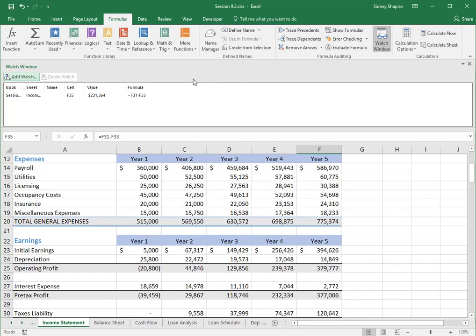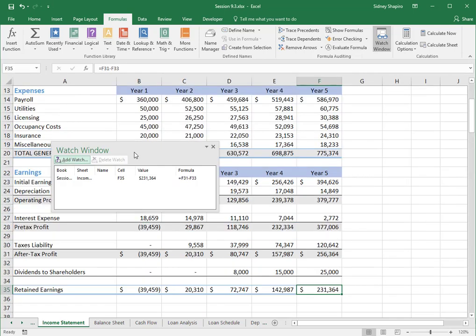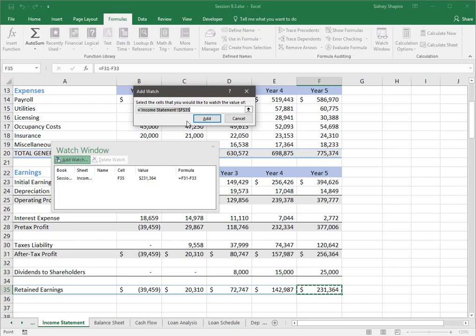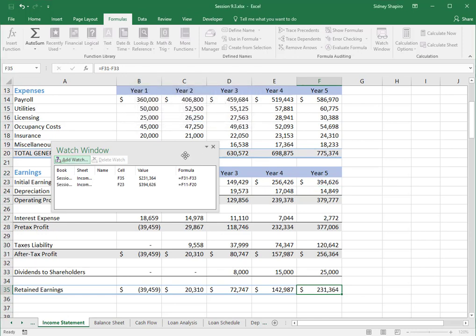Okay, so now we'll click Add Watch. Whoops, I popped it in there. There we go. Press Add Watch. And now we'll go to F23. And we'll press Add. Okay, so now we can see the impact on these 3 values when the tax rate changes from 32% to 18%. Oh, I missed one. So we have F35, got that one.